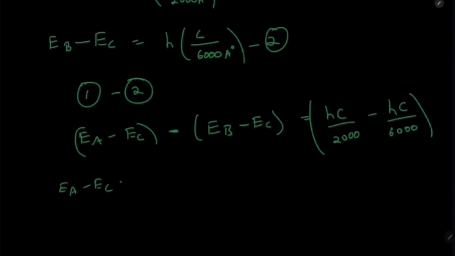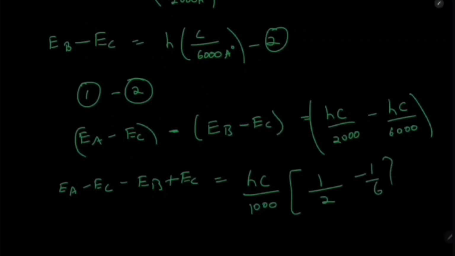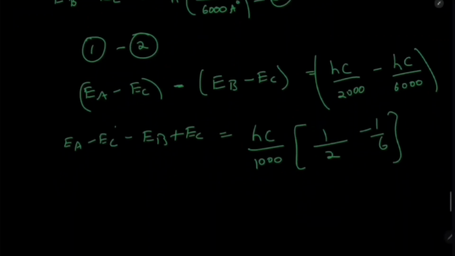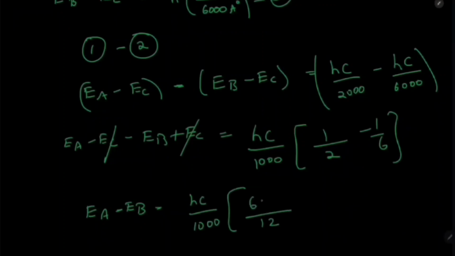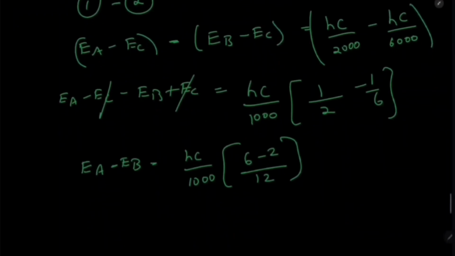EA minus EC minus EB plus EC is equal to, taking hc by 1000 as the common term, 1 by 2 minus 1 by 6. Plus EC minus EC gets cancelled, and net we get EA minus EB, which is equal to hc by 1000 into (6 minus 2) by 12.